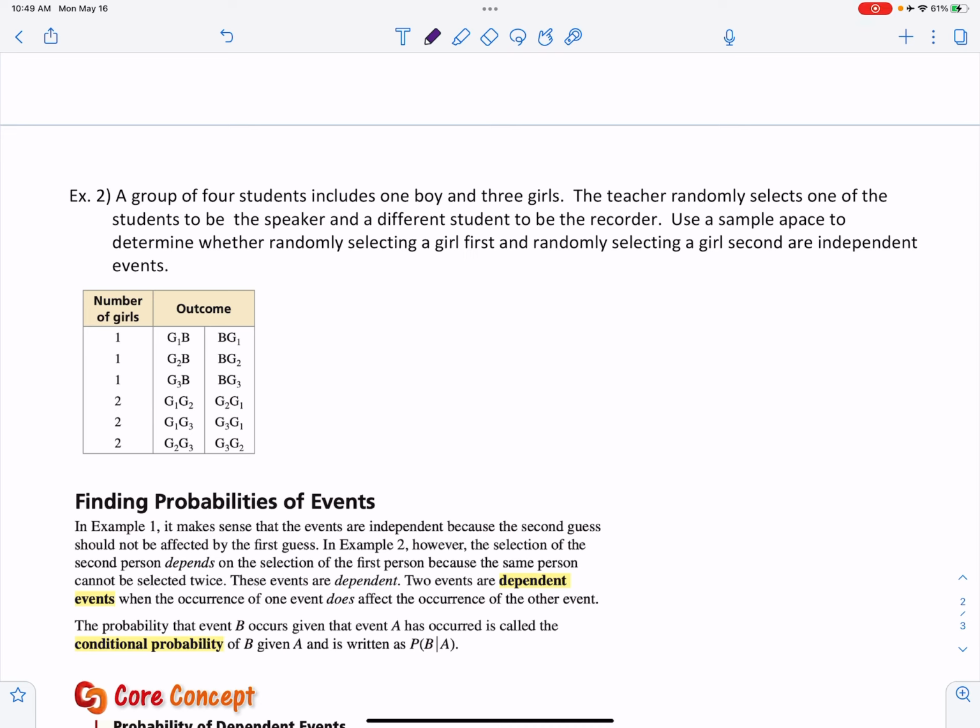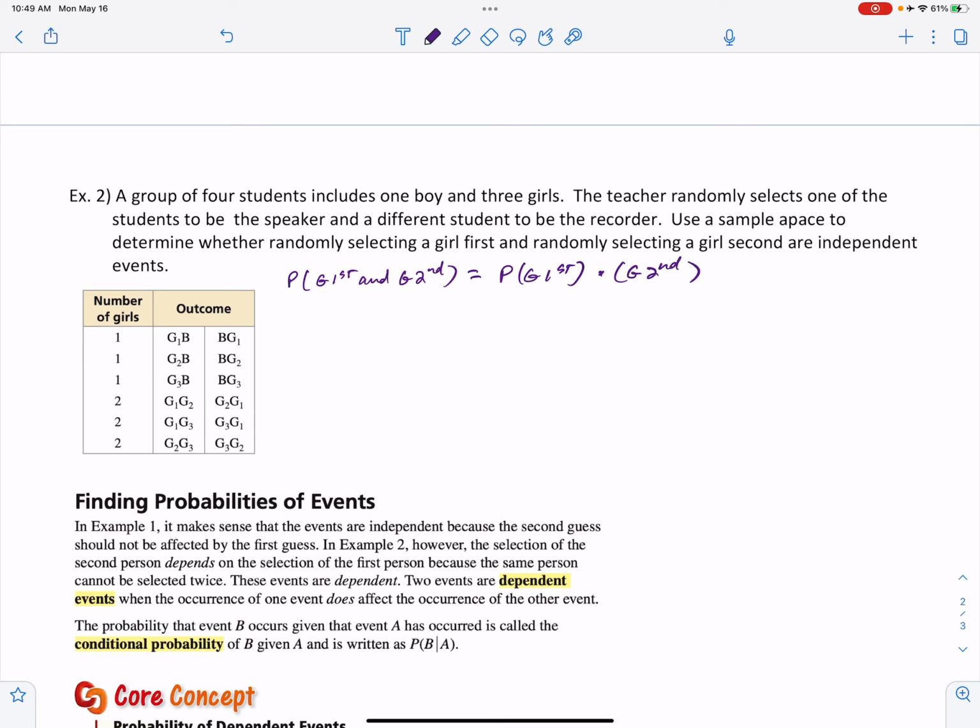So I'm overall trying to show that the probability of randomly selecting a girl first and a girl second is the same as the product of getting a girl first times getting a girl second.